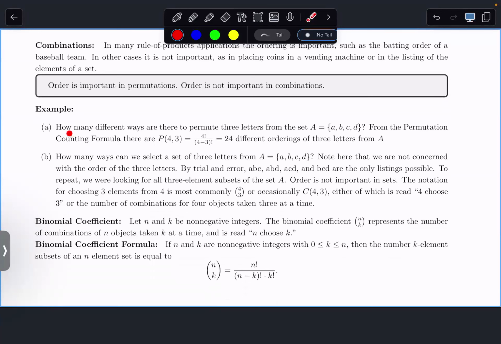So as an example, how many different ways are there to permute 3 letters from the set A, B, C, D? So we have 4 elements and I want to grab 3 of those and make permutations. We know from the permutation counting formula that there are P(4,3), or 4P3, ways of doing that.